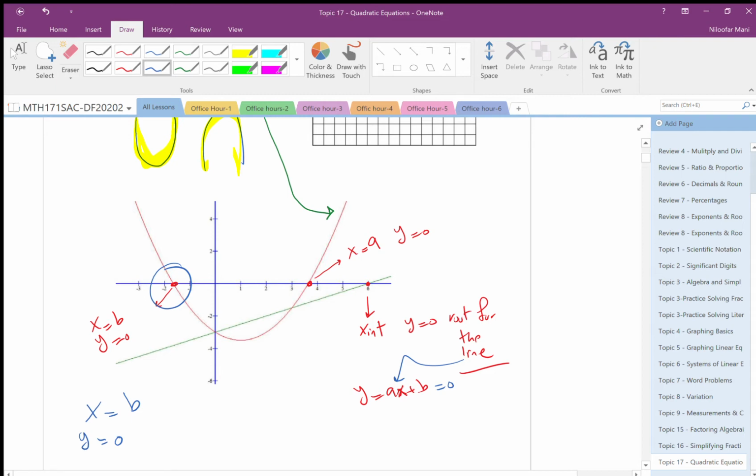If I want to show you graphically, for a line the root is the x-intercept where y equals 0.